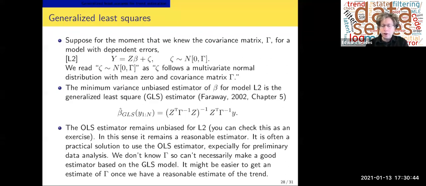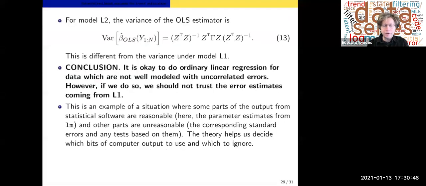So we use this OLS estimator. It's still unbiased. However, in equation 13, we see a catch. The variance of the OLS estimator has this form, which we're not going to derive, but you can look it up in Faraway or elsewhere. The key thing is it's different from the variance under model L1.